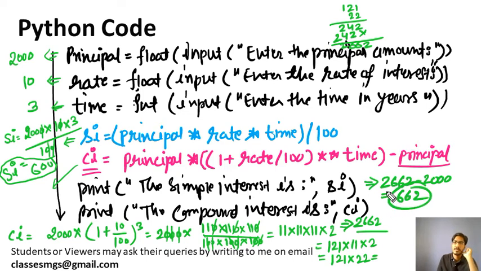So in case of simple interest you are getting 600, in case of compound interest you are getting 662. Okay, so this is how this interest is calculated.